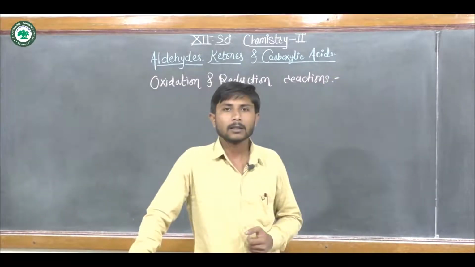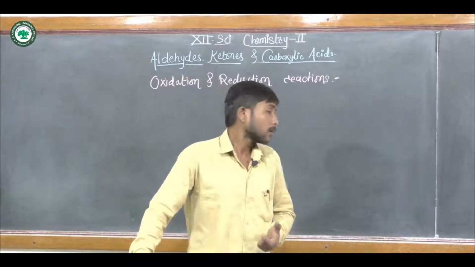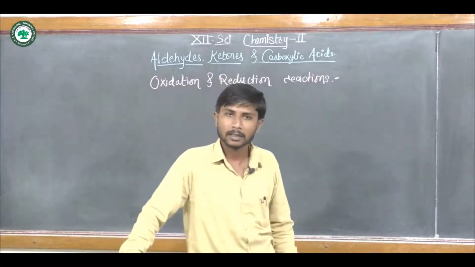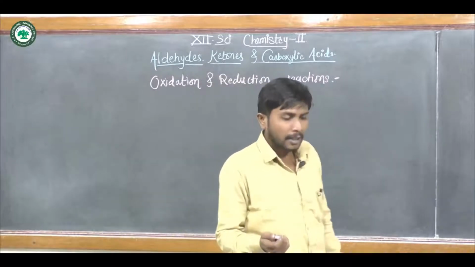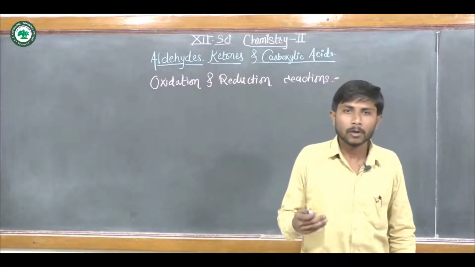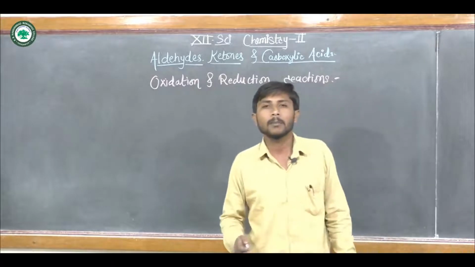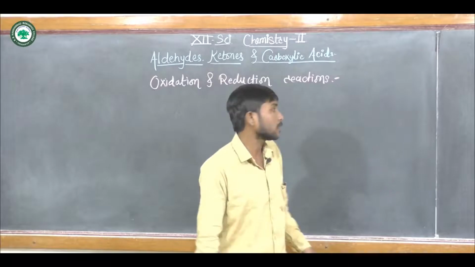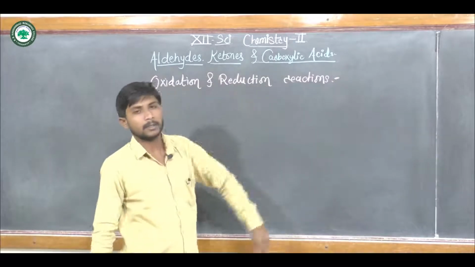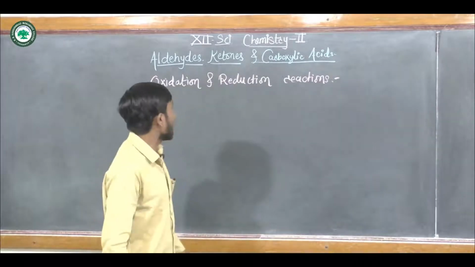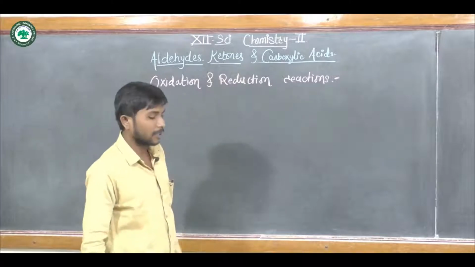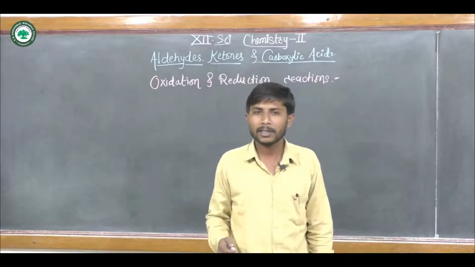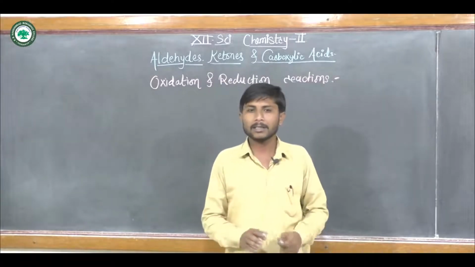We are very well aware of the definitions of oxidation and reduction. What are oxidation and reduction reactions? The addition of oxygen or removal of hydrogen is oxidation, but addition of hydrogen and removal of oxygen is nothing but the reduction reaction. For carrying out these reactions, we need some reagents, or some chemicals.